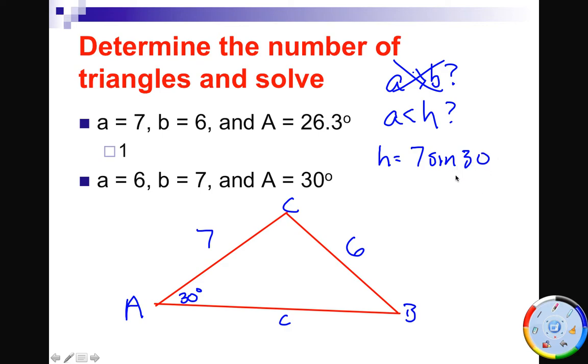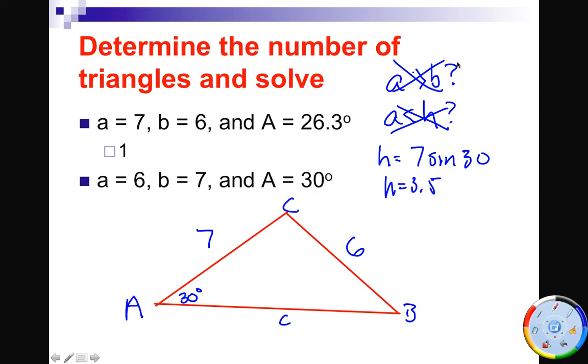Well, I know sine of 30 is 1/2, so this is 3.5, or 7 over 2. Is A less than H? No, because 6 is not less than 3.5.